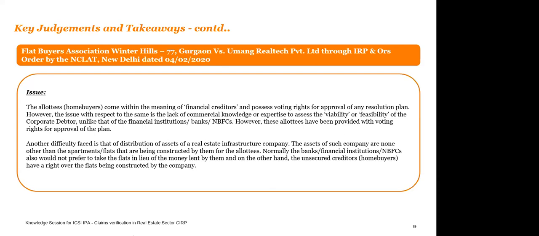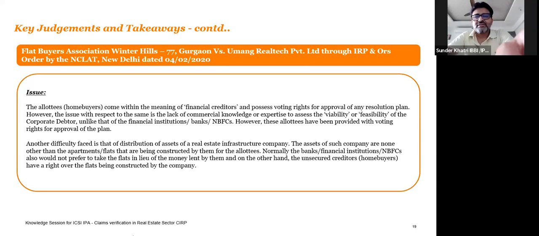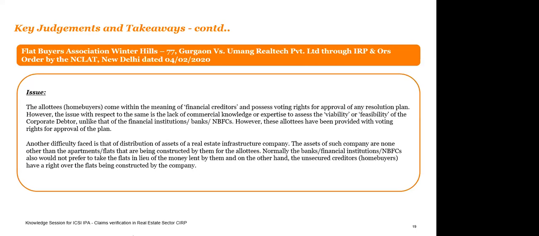The original terms of the builder buyer agreements, and how the payments were to be received, will follow the same process but will be monitored by the IRP. So effectively the original purpose of the project in case of Umang will continue. The buyers will get their flats and all that. Just that it could be completed by somebody else.